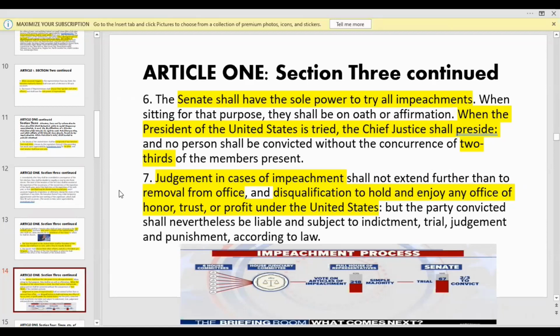So this raises something else. Obviously, we spend a lot of time thinking about presidential impeachments, but any member of the executive branch of government, Vice President, members of the cabinet, all of these people are subject to impeachment. And then the more common impeachment is on the judicial side. There are many, many more impeachments on the judicial side.